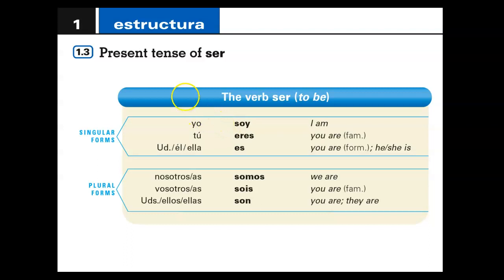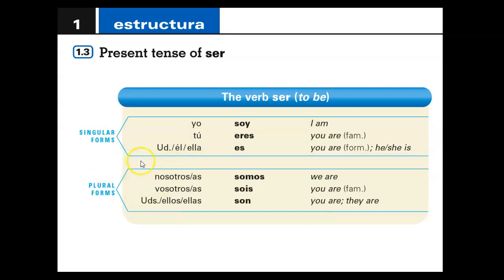So if I want to say I am, I'm going to say yo soy. If I want to say you are and I want to be familiar, so I'm talking to a friend, I'm going to say tú eres. And I know you guys have probably heard, going back to I am, like I am Miss Mier, yo soy Señora Mier. So you guys can say yo soy Isabel, yo soy Juan, whatever your name is, you can insert there, yo soy plus your name.